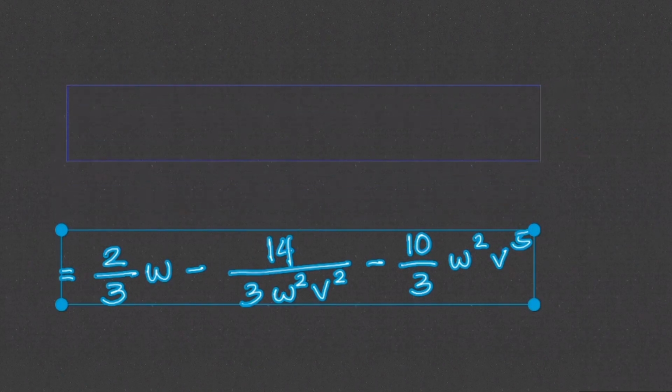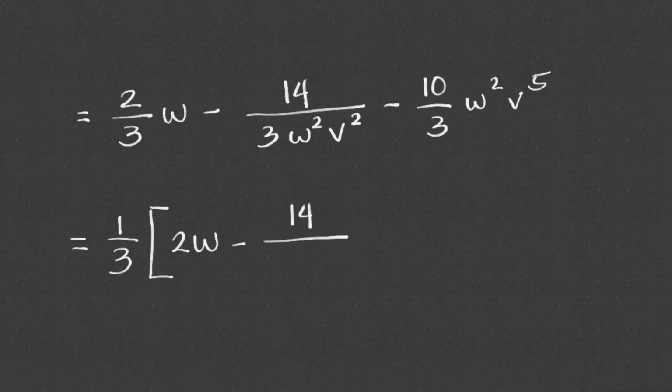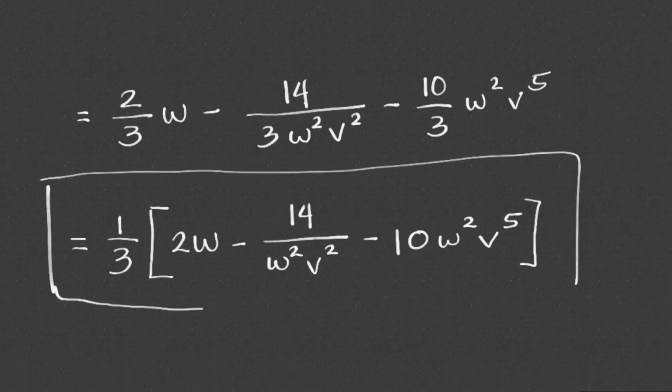So the final answer would be 1/3 times 2w minus 14 over w squared v squared minus 10 w squared v raised to the 5th power. And that's what today's video is all about.